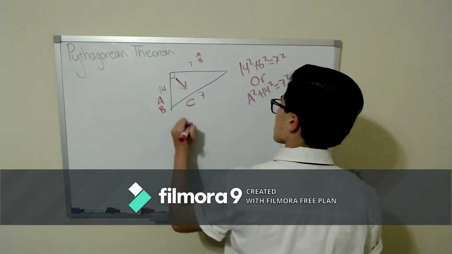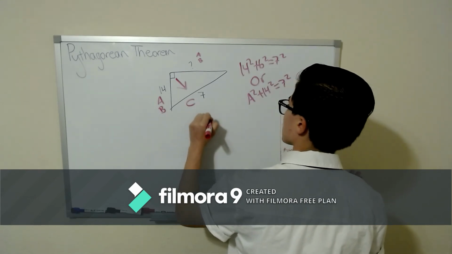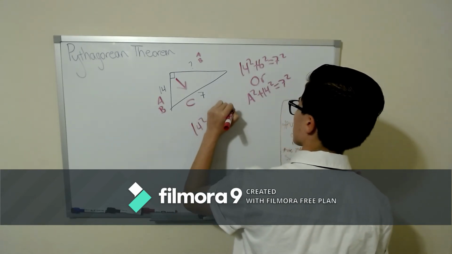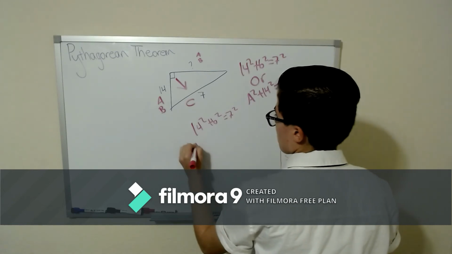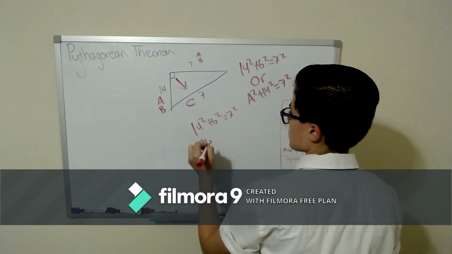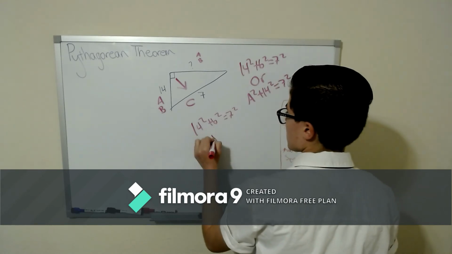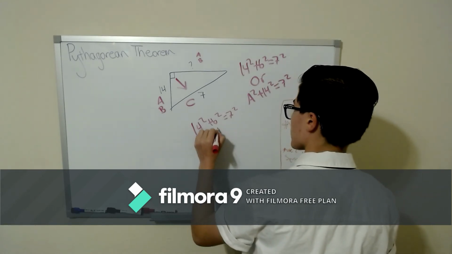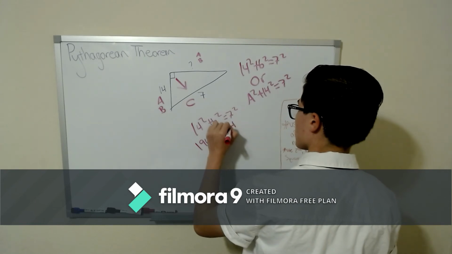I like to write it as 14 squared plus b squared equals 7 squared. So 196 plus b squared equals 49.